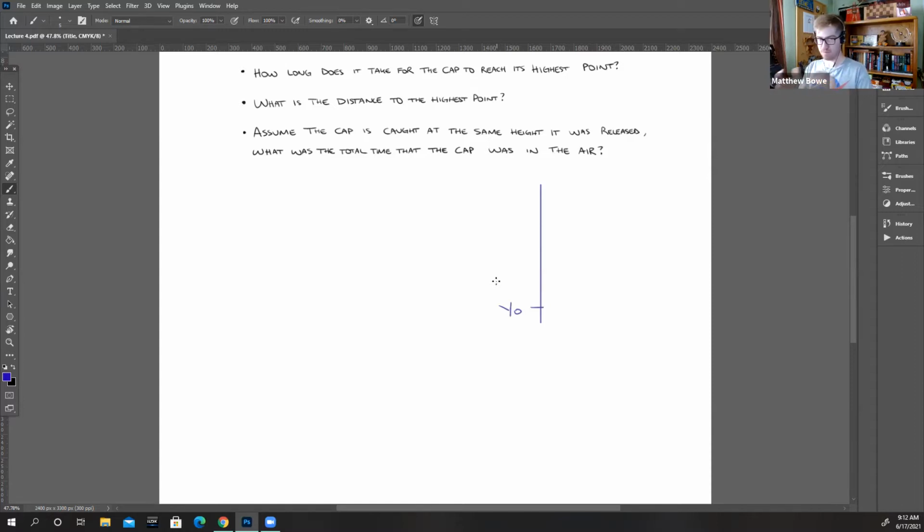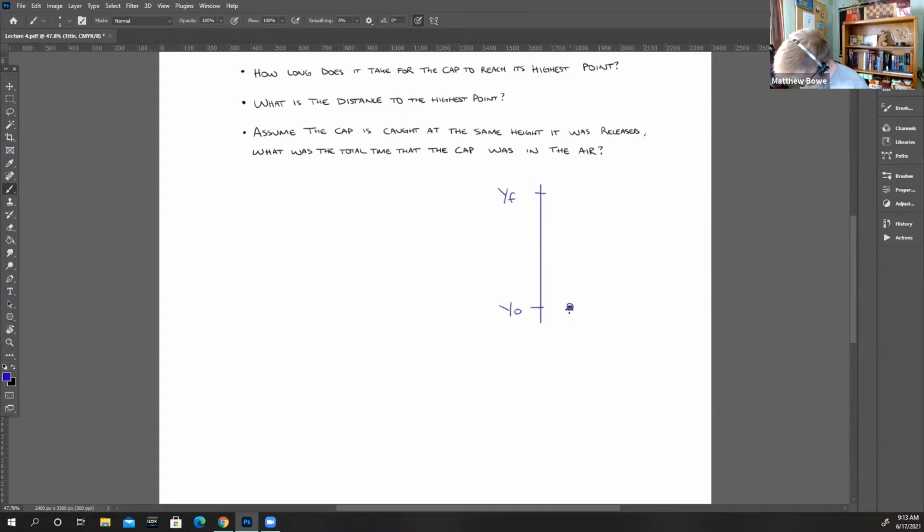You think of them as just going back and forth in those kinematic equations. You can make them an x or y, depending on the direction you're using. So this is the initial height, y naught, and this is the final height, y final.